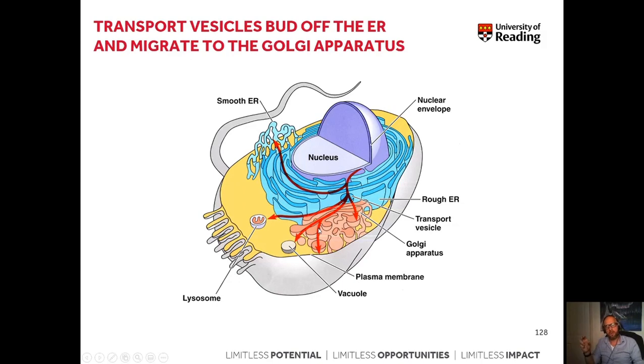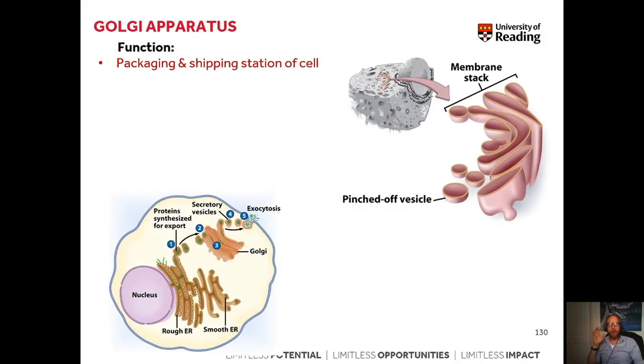So once a protein is produced on the ribosomes, they migrate embedded in vesicles to the Golgi apparatus. The Golgi apparatus has the function of packaging and shipping of proteins within the cell. So we can refer to it as a packaging and shipping station of the cell.